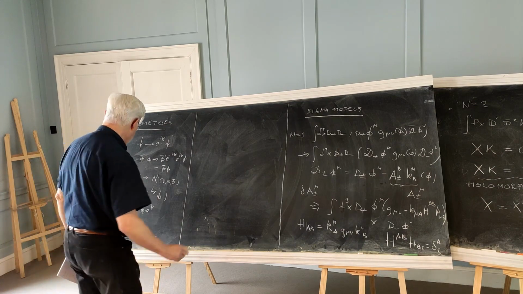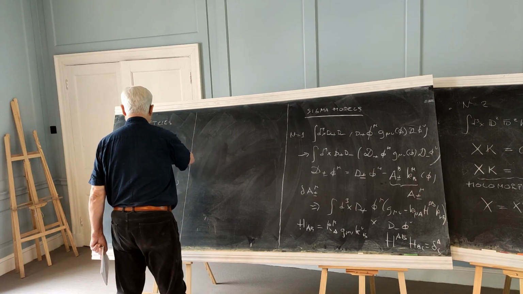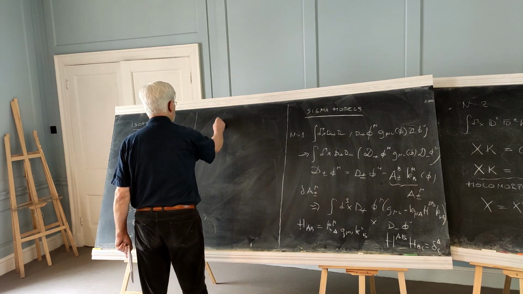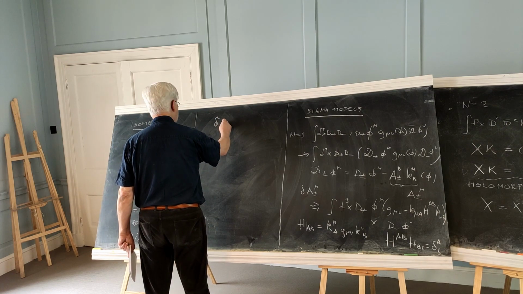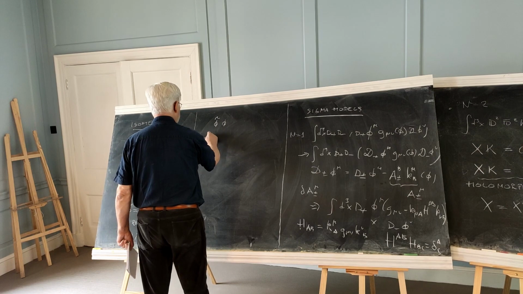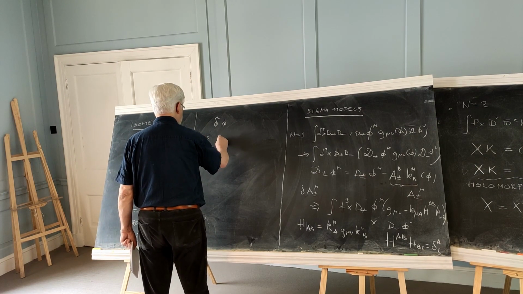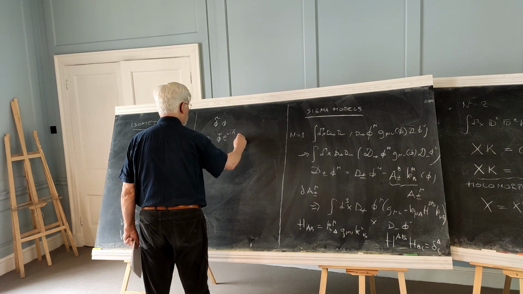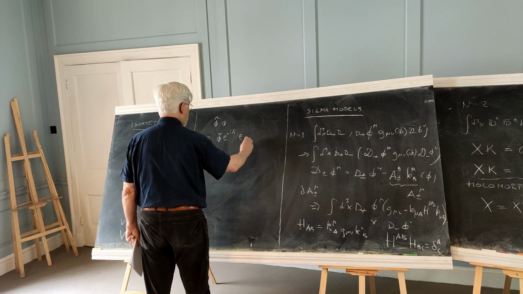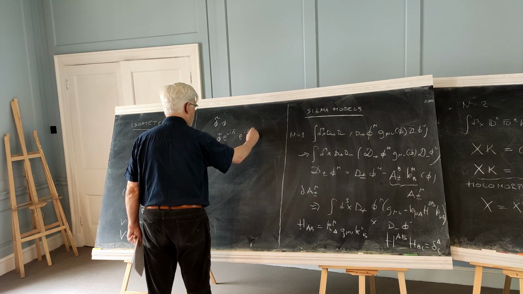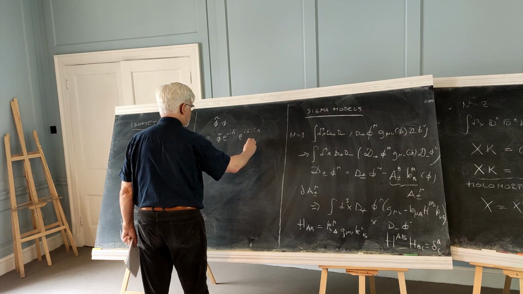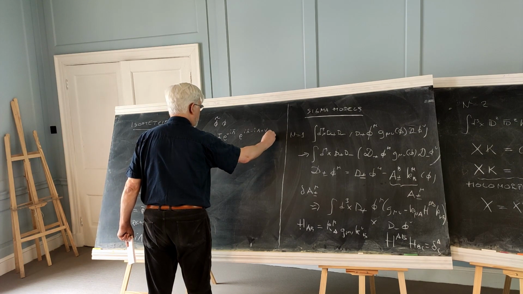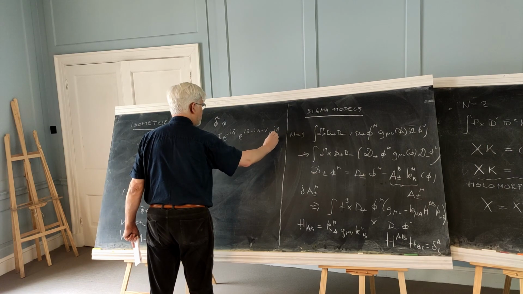If we introduce V in this fashion, phi tilde, this will be phi bar e to the minus i lambda bar, e to the i lambda bar minus i lambda, which is plus V, and then e to the i lambda.